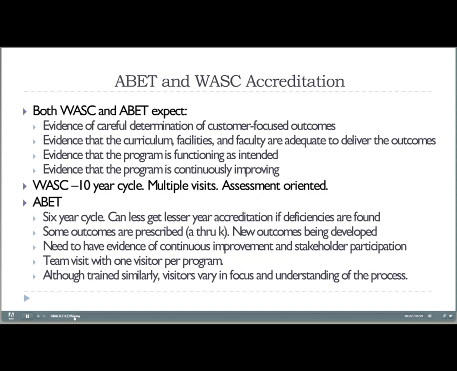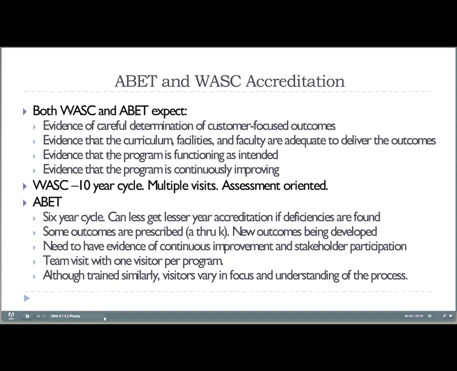The country is divided into 6 regions for accreditation purposes, and each region has its own accrediting agency to assure that institutions as a whole are satisfactorily meeting the needs of the mission of their organization. And so WASC is our regional accrediting agency.